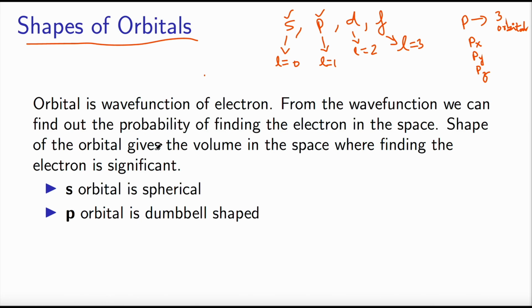An orbital is actually a mathematical wave function of the electron. From the wave function we can calculate the probability of finding the electron in space.